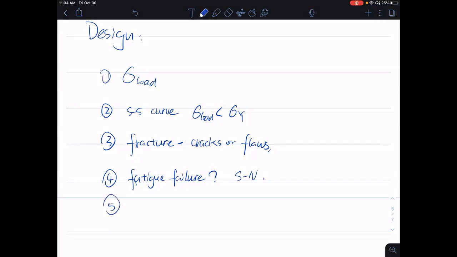Okay. Next thing you need to check is, is there any potential for creep? That's the last thing. For most designs, maybe it's not a problem because we're not using very high temperature. But if you're dealing with rocket or jet engines, creep failure can be very important.